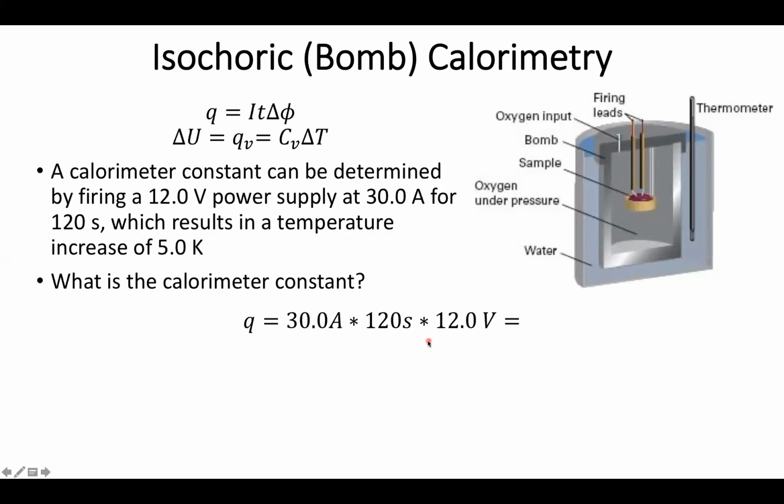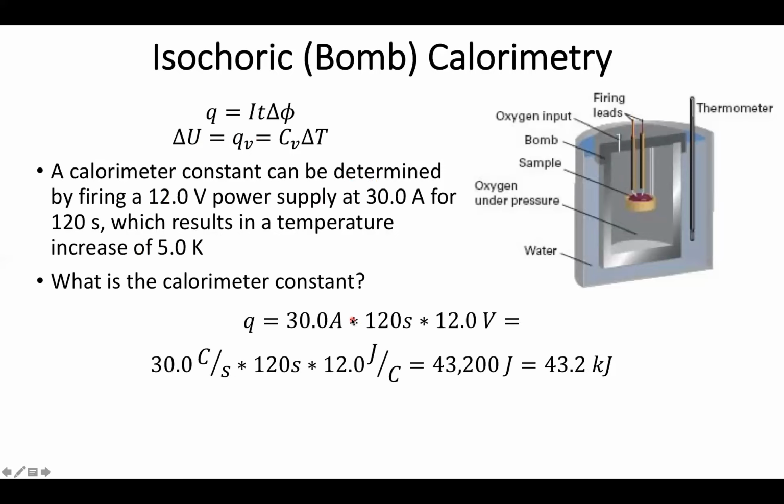But watch out, we need to take care of units. It turns out that an amp is the same as coulombs of charge being delivered per second, and volts is the amount of energy, or joules, per coulomb of charge.